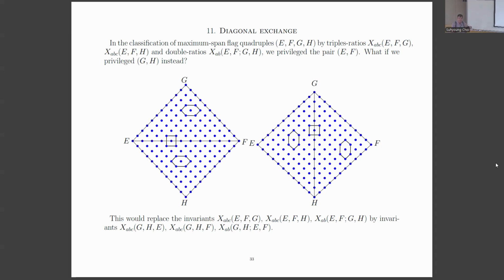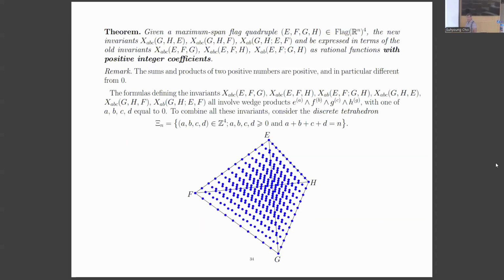And the amazing part is that it's actually nice. If we switch from one diagonal to that diagonal, that would replace these invariants, putting the emphasis on EF, with those invariants where the emphasis is on GH. And that's what's happening. Okay, and so let's look at the next slide.